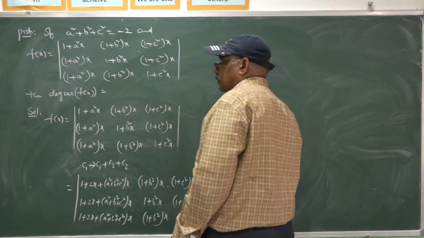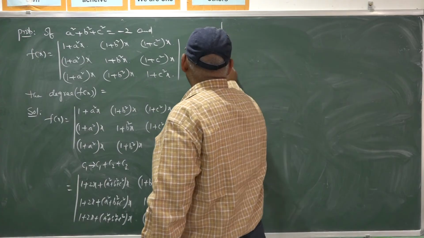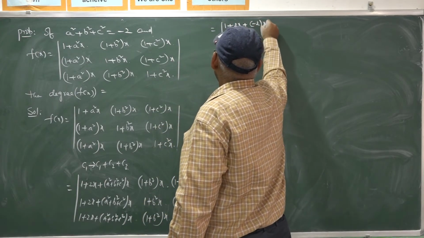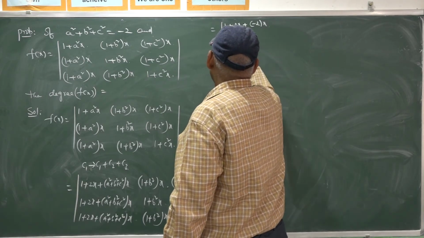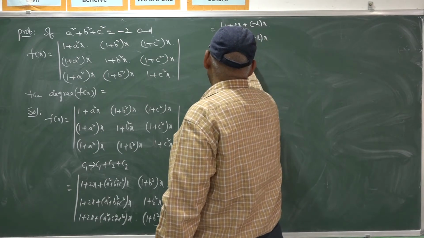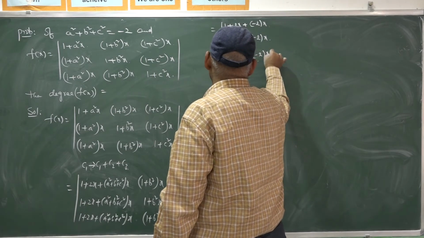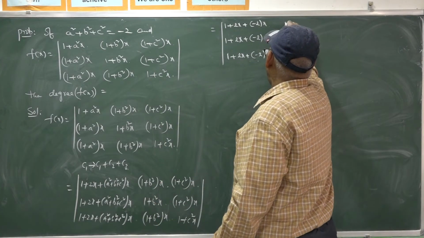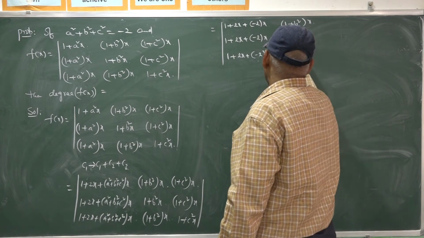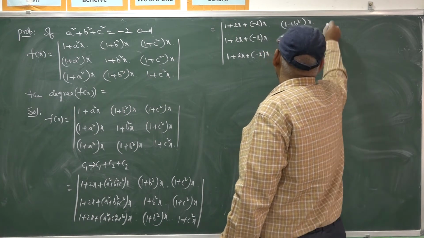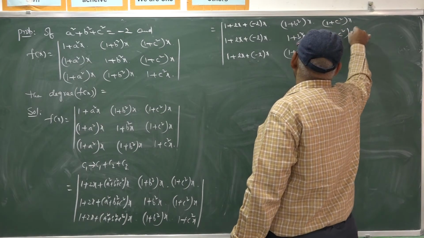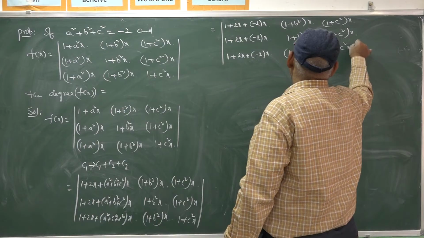Replacing a square plus b square plus c square with minus 2, we get 1 plus 2x minus 2 into x, 1 plus 2x minus 2 into x, 1 plus 2x minus 2 into x, then 1 plus b square x, 1 plus b square x, 1 plus b square into x, 1 plus c square multiplied x, 1 plus c square multiplied x, and 1 plus c square x.